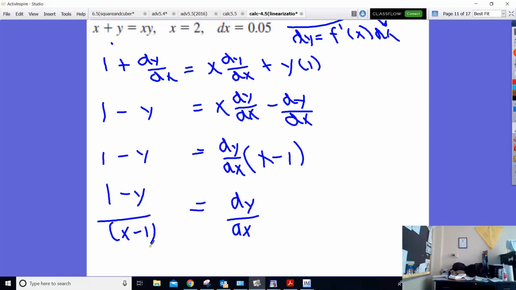Now, what is actually wrong with that equation? Like, why can't I use it? It's referring to itself. The derivative of it is referring back to itself. That's its issue. It needs to be written in terms of x's. I have no idea what I wrote earlier when we solved for y.